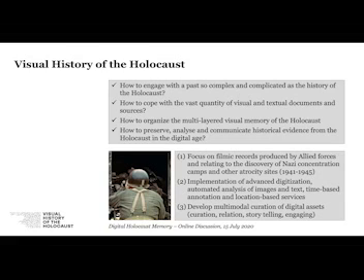And then we are currently already creating automated analysis tools in order to deal with moving images and text, to be able to do time-based annotation and location-based annotation, and make it available online through a multimodal platform that allows accessing this material in the way of viewing it, but also in the way of actively participating in the curation, or contributing to the curation in the sense of co-creation, so to say.